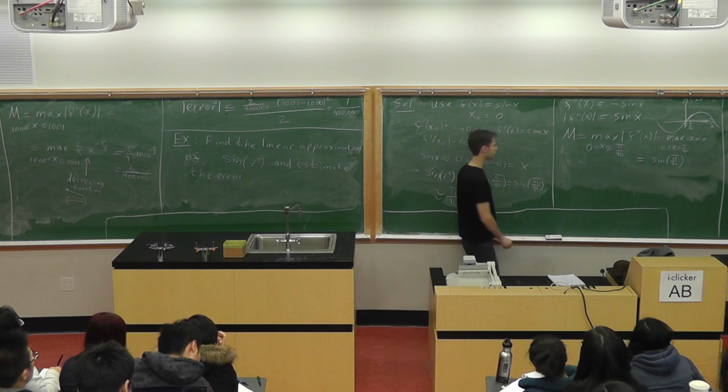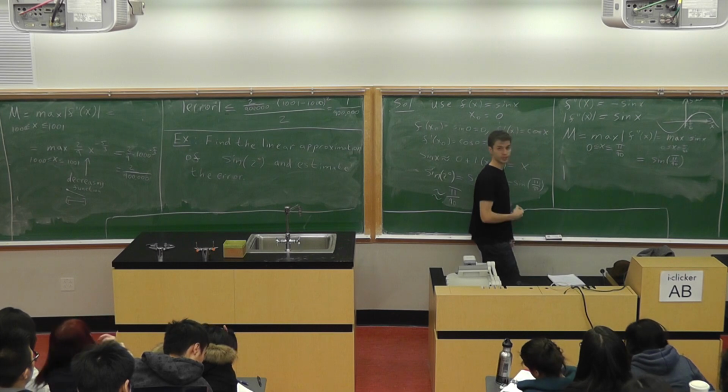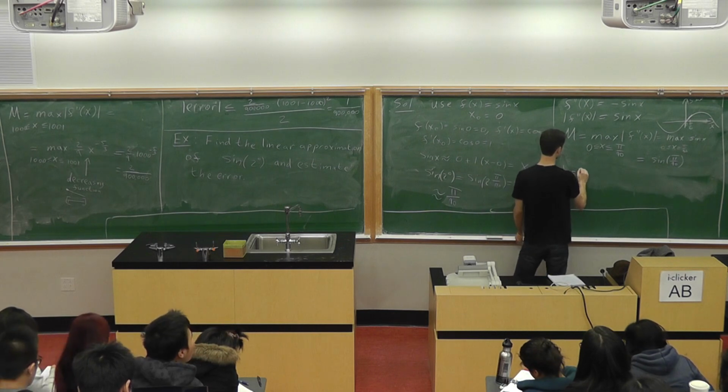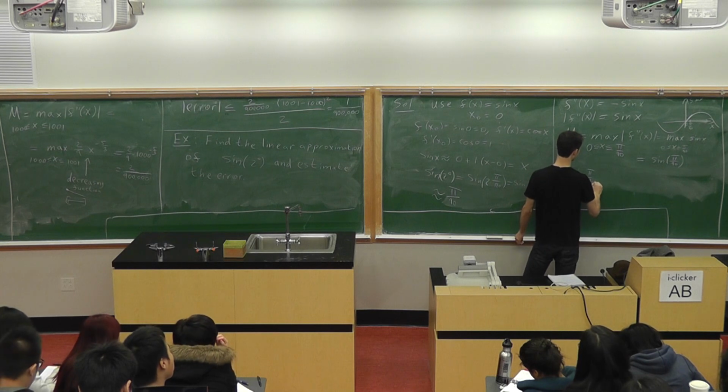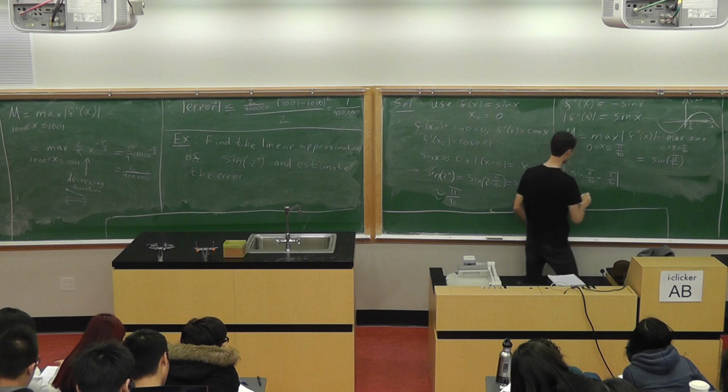Okay, and now we have the following estimate. The absolute value of the error, which is sine of pi over 90 minus pi over 90. That's the error.